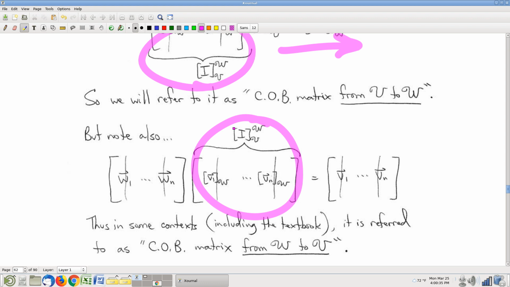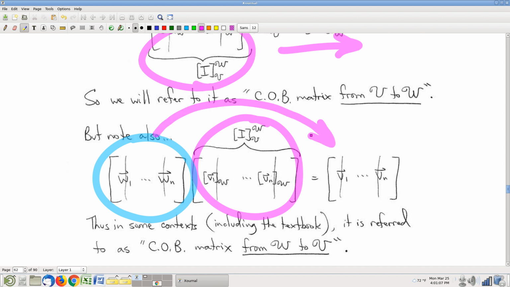If, instead of multiplying vectors on the right of it and thinking of them as coordinates, you were to multiply a matrix on the left of it, a matrix whose columns are the W basis vectors, what this purple matrix would do is result in a matrix whose columns are the V basis vectors.